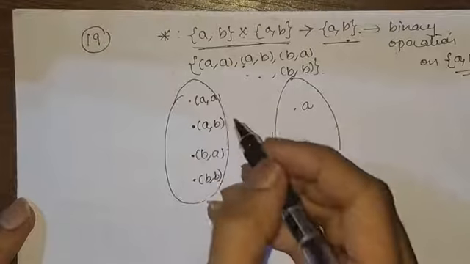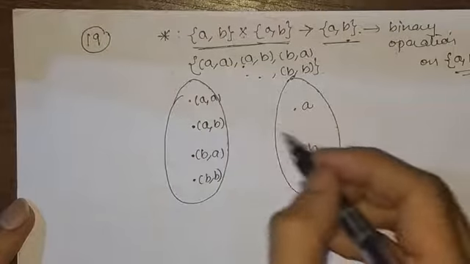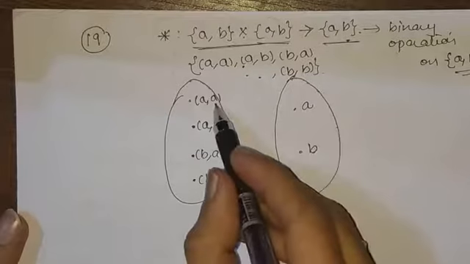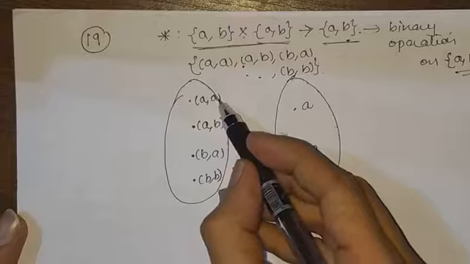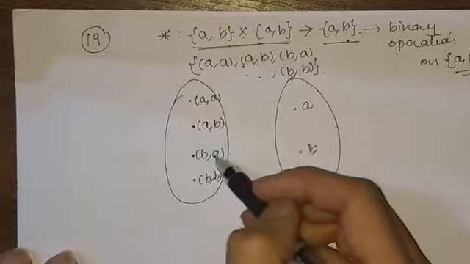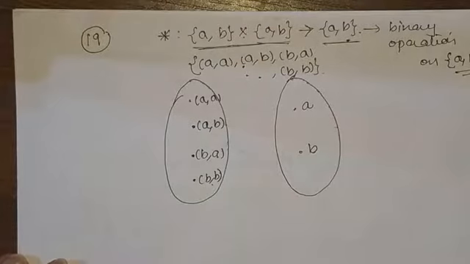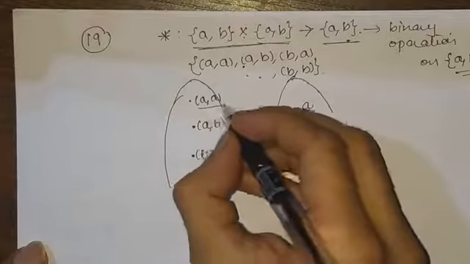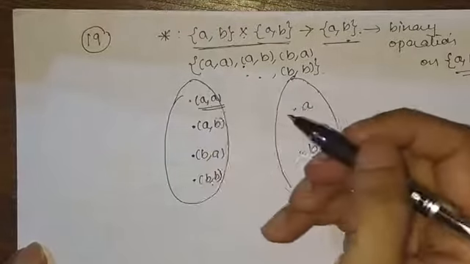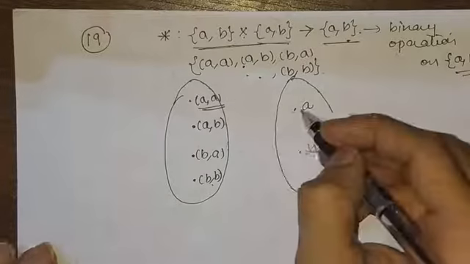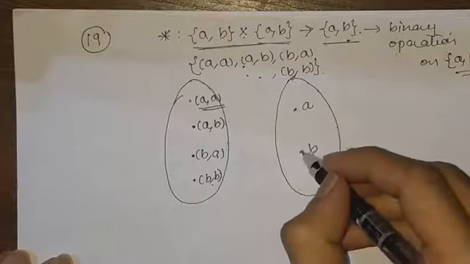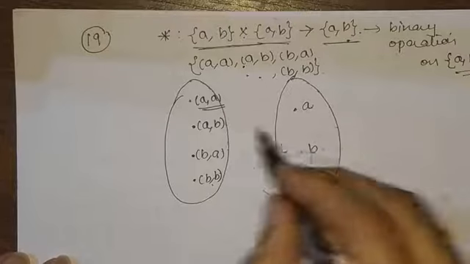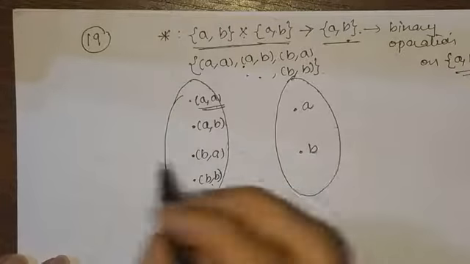You can build a function by assigning images to the elements in the domain. Now you see this first element. How many choices of images does this first element have? This element has two choices, A and B.